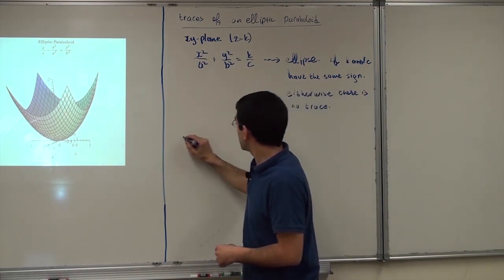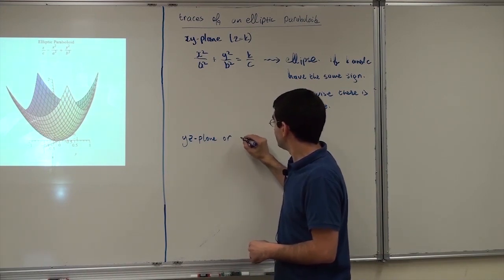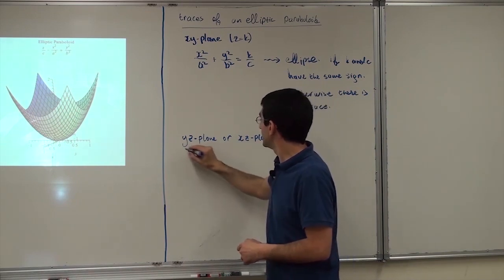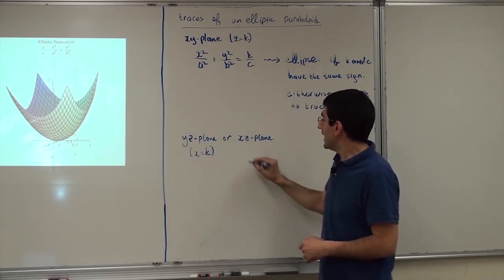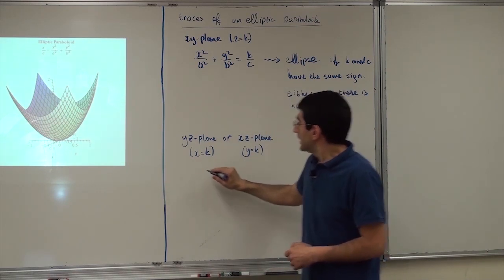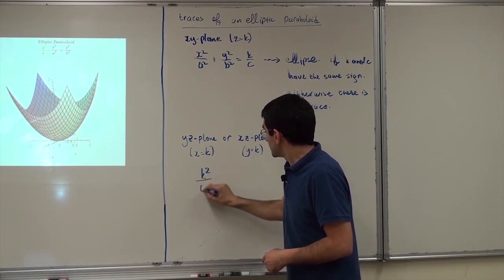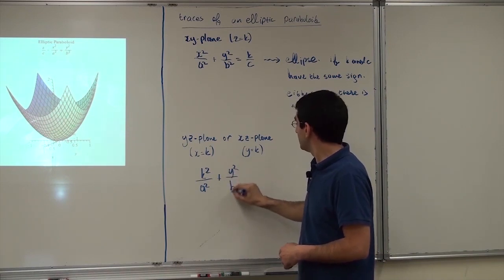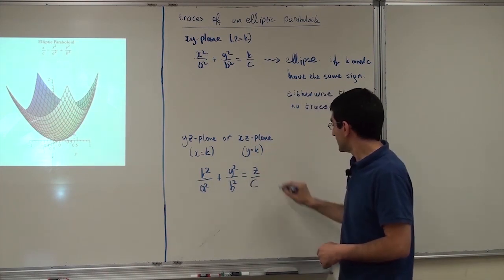Now, let's check the yz plane or xz plane, which means x equals k or y equals k. Now, these traces are going to be as follows: k squared over a squared plus y squared over b squared is equal to z over c.